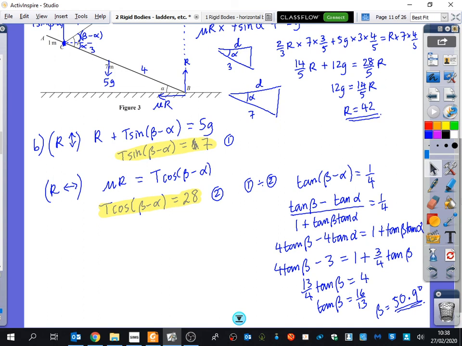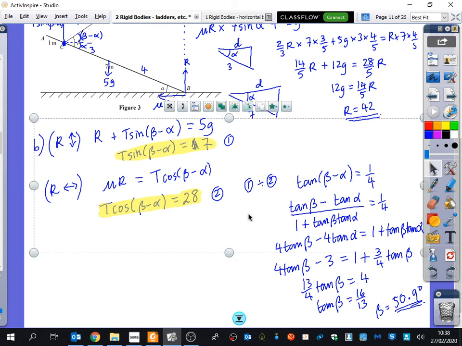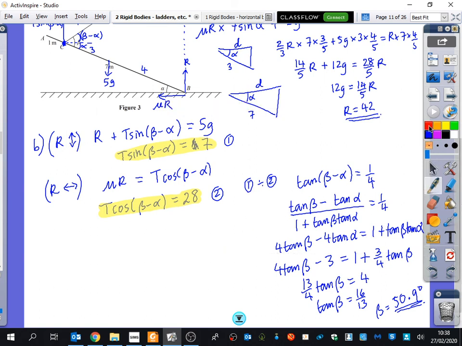Yep, perfectly. What you could have done instead, if you wanted a shortcut, is not use this expansion. The only reason I did this expansion is because here I came up with the exact thing that tan beta was. You're right.